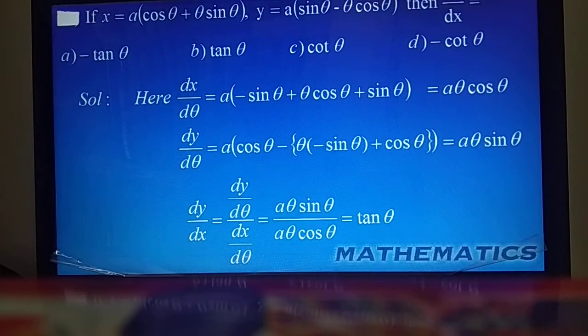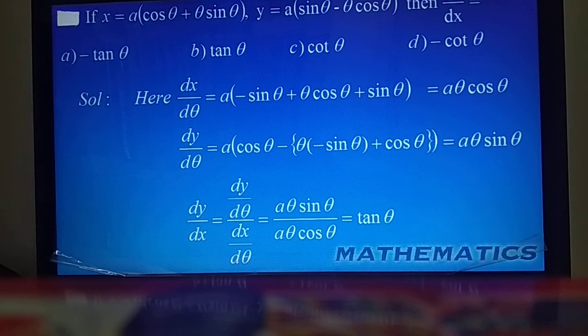So here we will take one example to solve. Here two equations are given, x and y, and we have to find dy by dx. The two equations are in the form of x and theta, y and theta. So how can we find dy by dx?